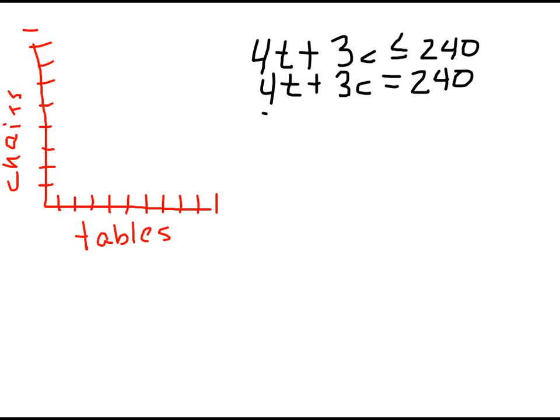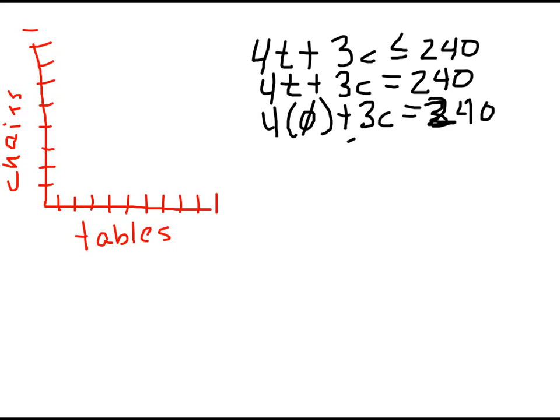So let's say first that we're going to substitute t with 0. If we substitute t with 0, that allows us to figure out what c equals. So we end up with 3c equals 240. And if we solve for c now, we divide each side by 3, c equals 80.